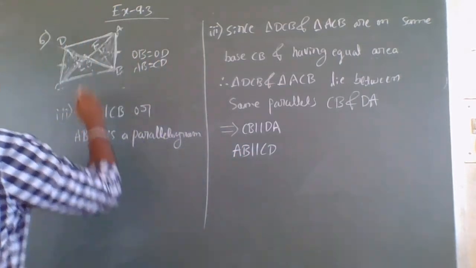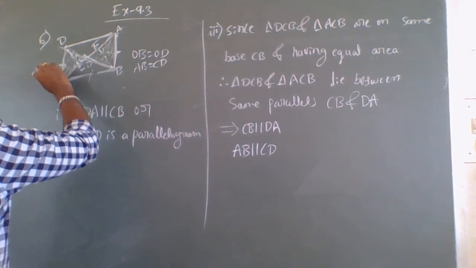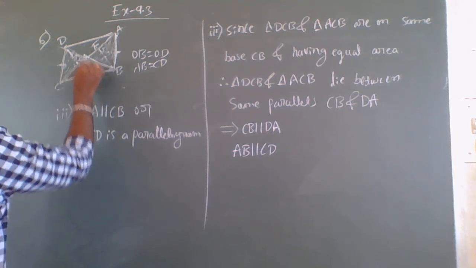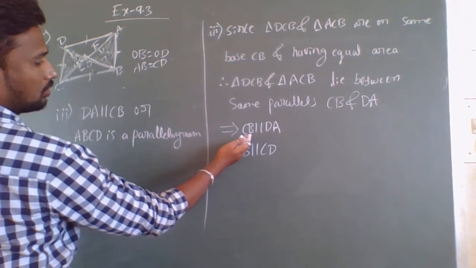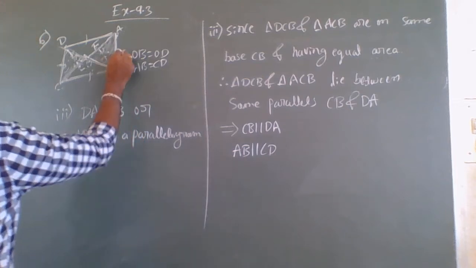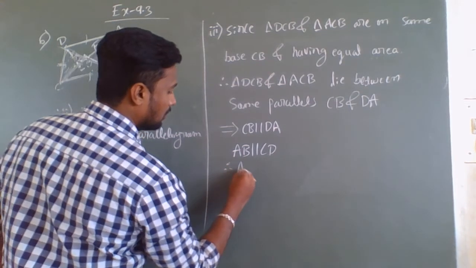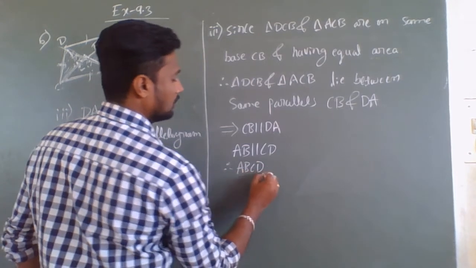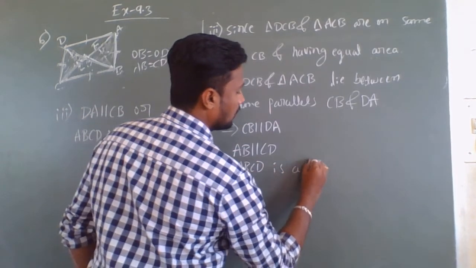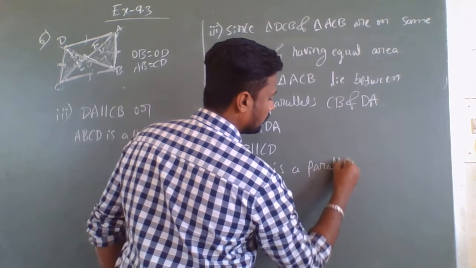When these two sides BC and DA are parallel, and AB and CD are parallel, then you can say that ABCD is a parallelogram.